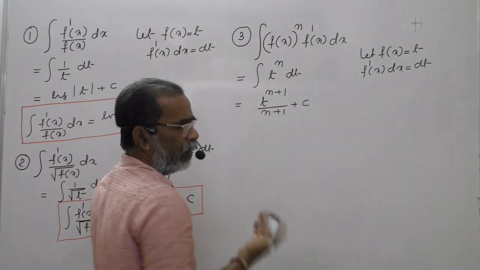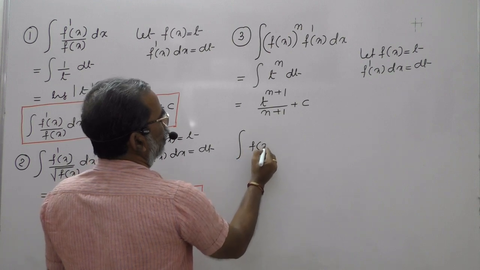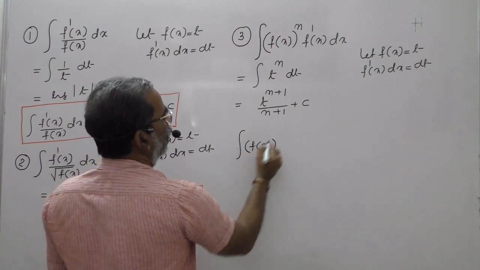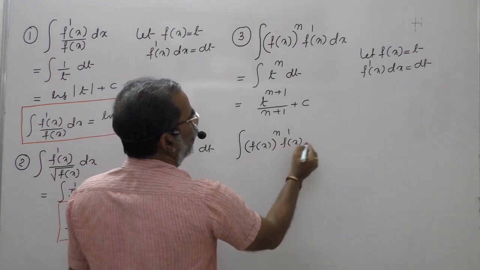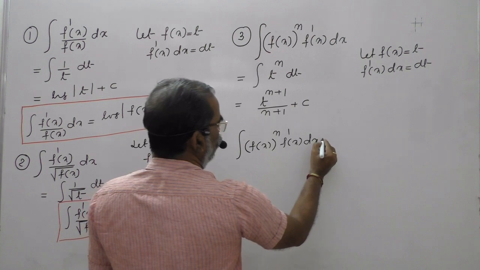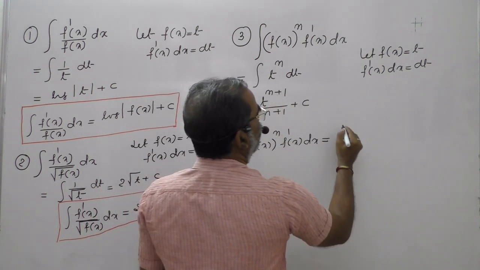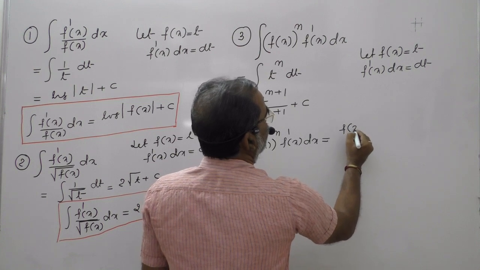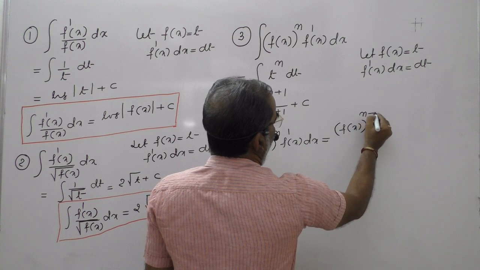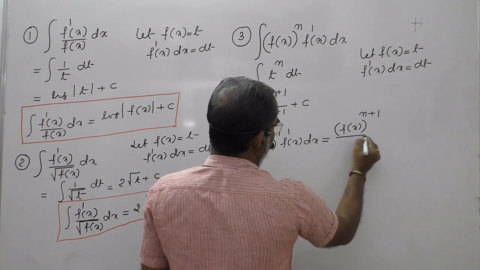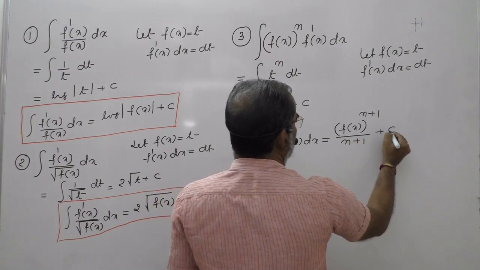Replace t by f(x). Therefore, the integral of [f(x)]^n into f'(x) dx is t^(n+1). What is t? t is f(x). Therefore, [f(x)]^(n+1) divided by n+1, plus c.